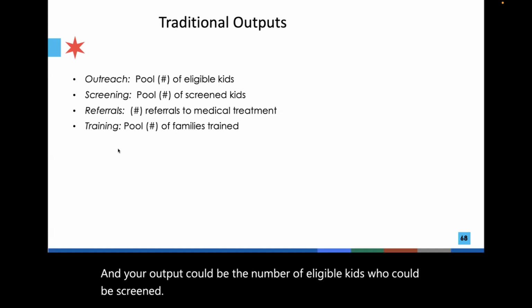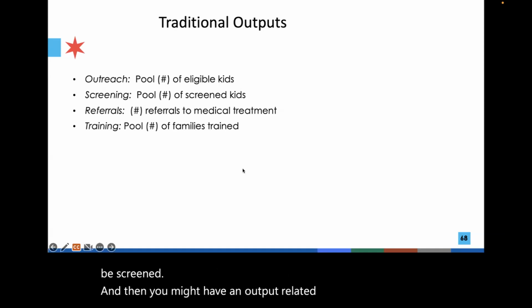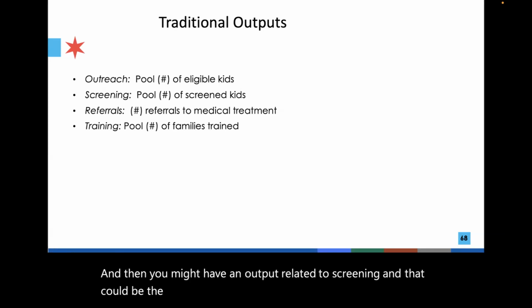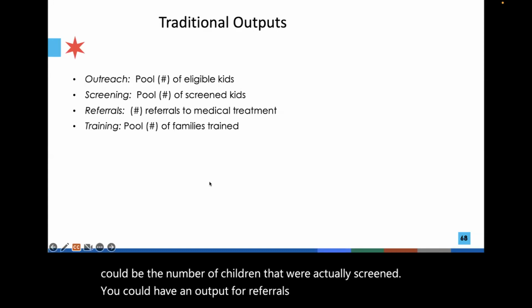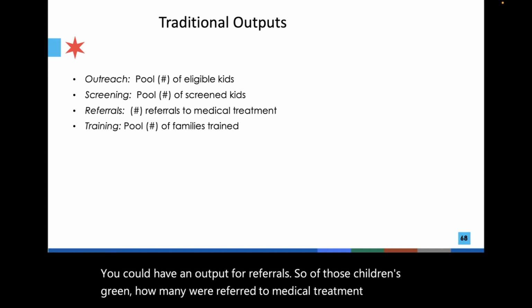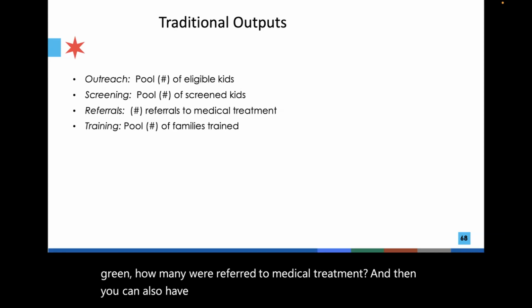And then you might have an output related to screening, and that could be the number of children that were actually screened. You could have an output for referrals. So of those children screened, how many were referred to medical treatment? And then you can also have an output for something, if you had a family element, the number of families that were trained.